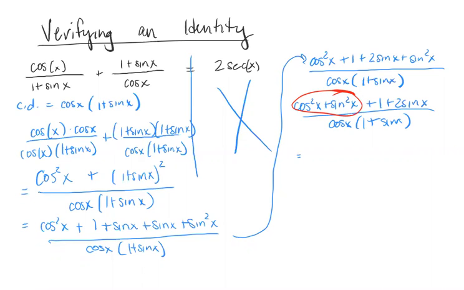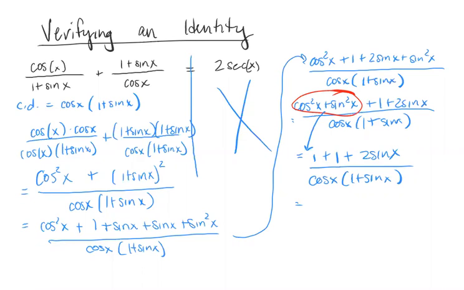So I'm going to rewrite this then as 1 plus 1, right? The cosine squared x plus sine squared x became 1. Now rewrite the other one, plus 2 sine x over my denominator, which is cosine x times 1 plus sine x.